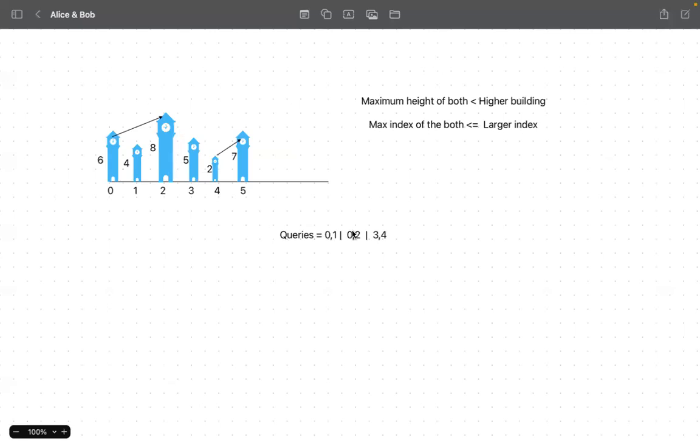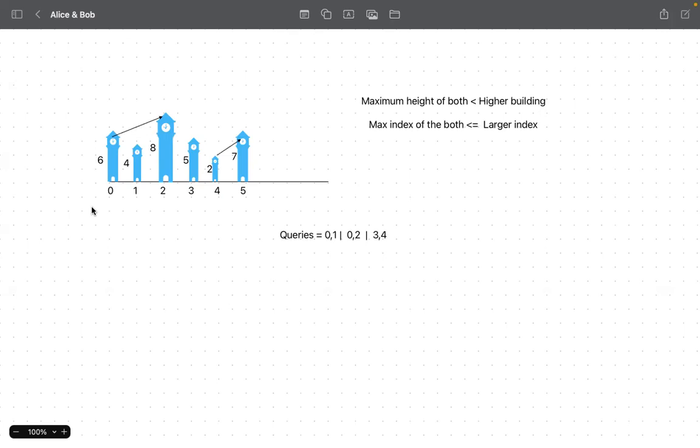Yeah, let's see if the queries are sorted as we wanted. Yeah, it's sorted. Why? Because the maximum indexes are already sorted: 0, 2, and 4. These are indexes of the buildings where Alice and Bob will reside initially, right? So these queries are sorted, these heights are as they are, right?